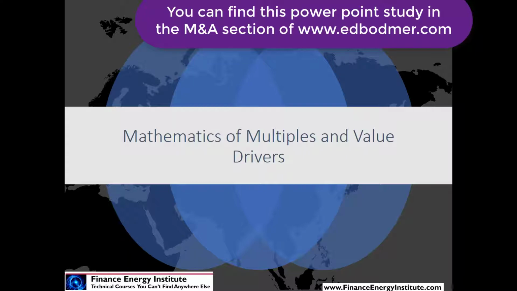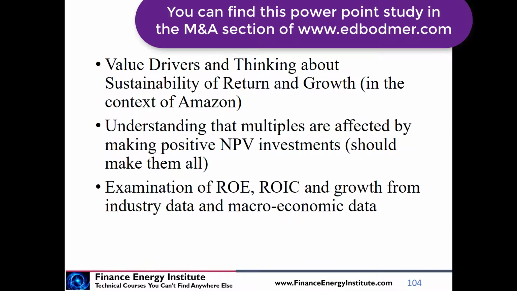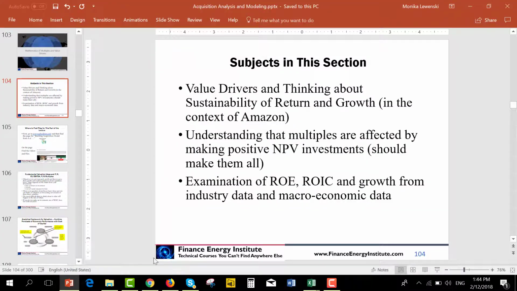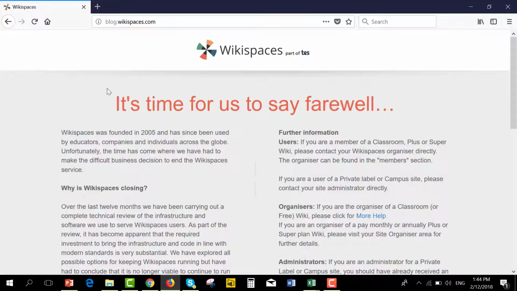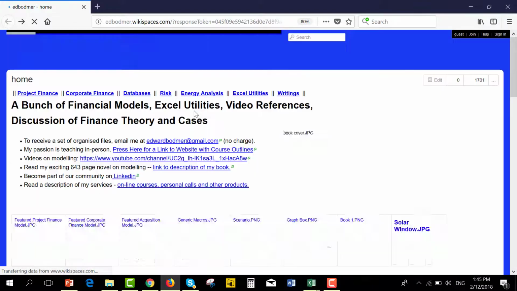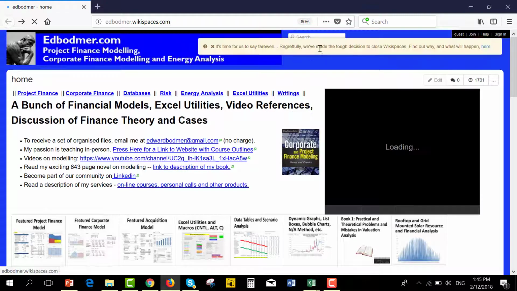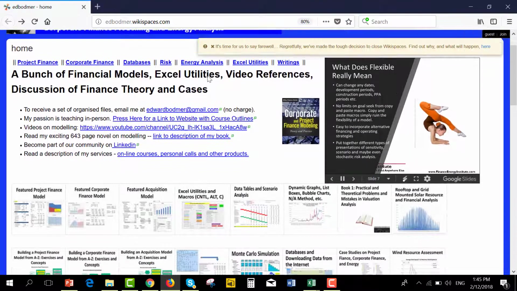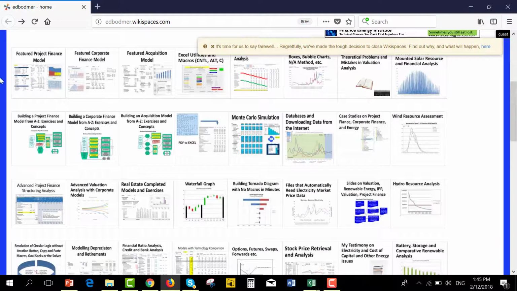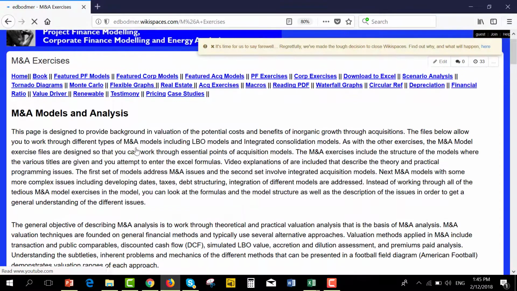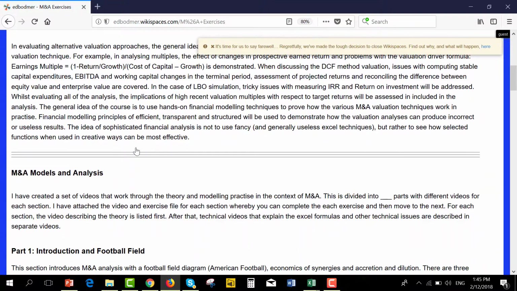They're at edbodmer.com, which I'm in a bit of a bad mood about today because I spent years on this and I get a notice from Wikispaces saying it's going to be removed. You don't care about that; I shouldn't tell you. I'm going to have to switch to some other, much better web platform, WordPress or something.